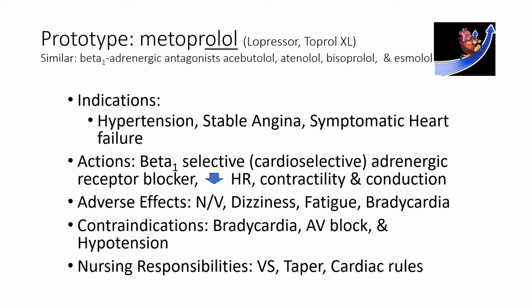And as previously mentioned, we do use beta blockers in congestive heart failure, in certain people with congestive heart failure. So the action, beta 1 selective, so the other term for it is cardioselective, right? It affects the beta 1, which are on the heart, and having the following effects there on the heart rate, contractility, and conduction.